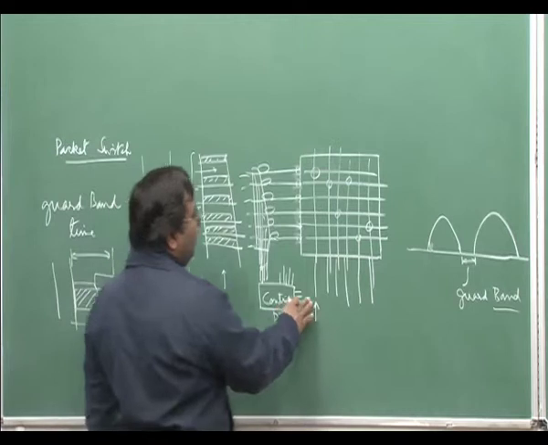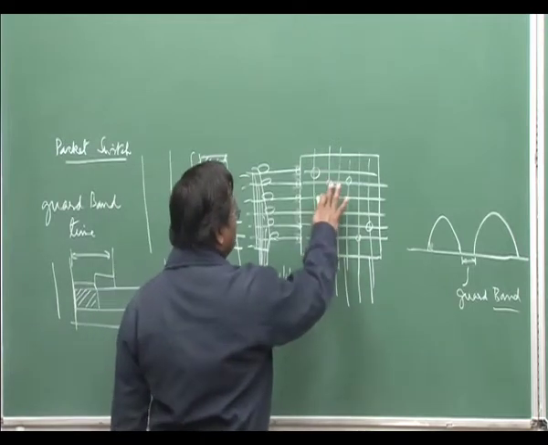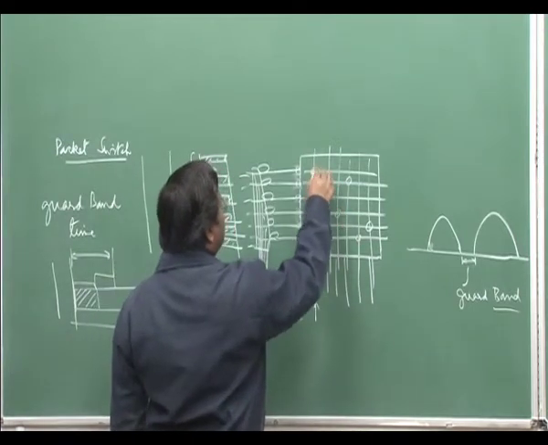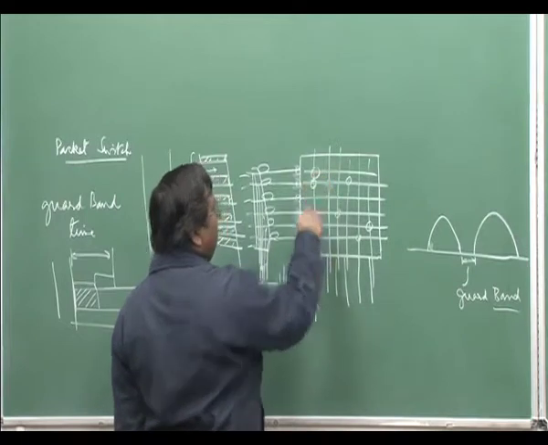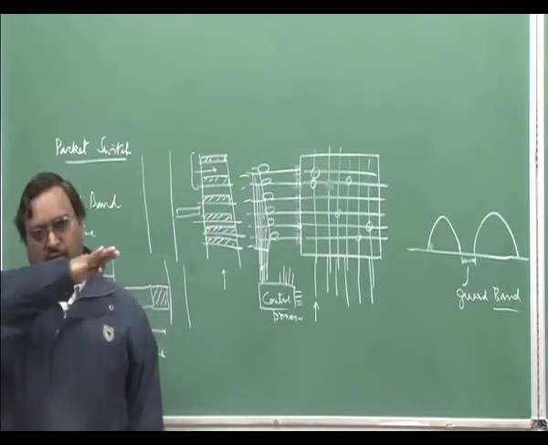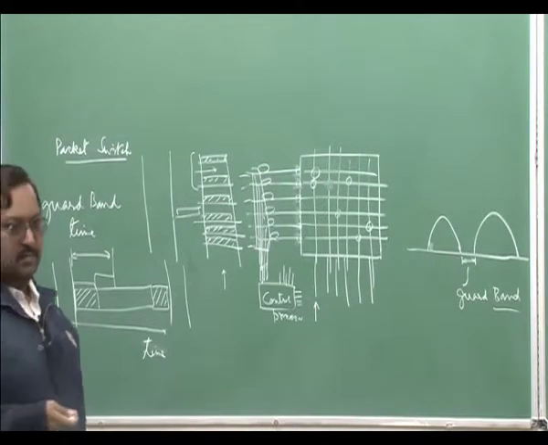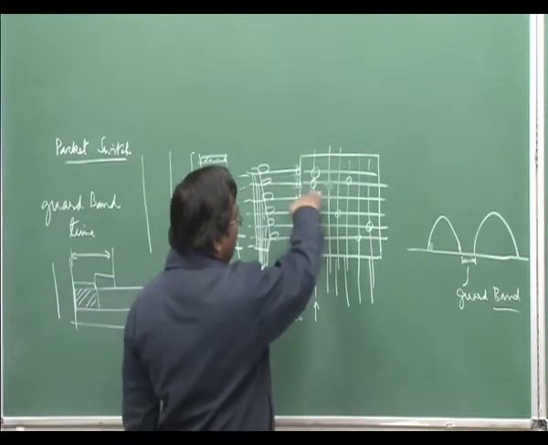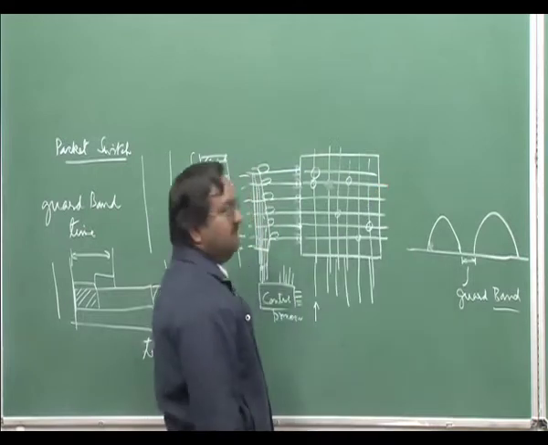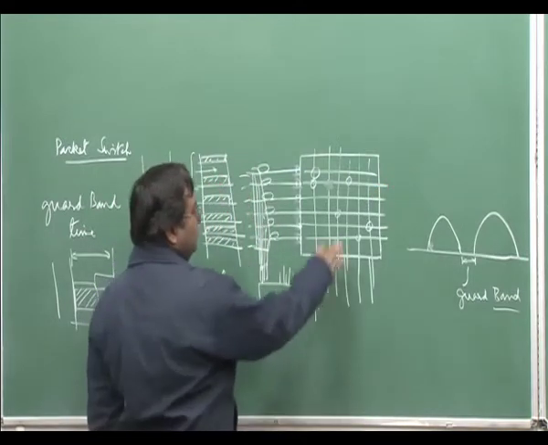Only these two want to go here, but I cannot keep these two on. In a row I can actually have multiple cross points active, but not in the column. When you have multiple cross points active this way, it is multicasting.